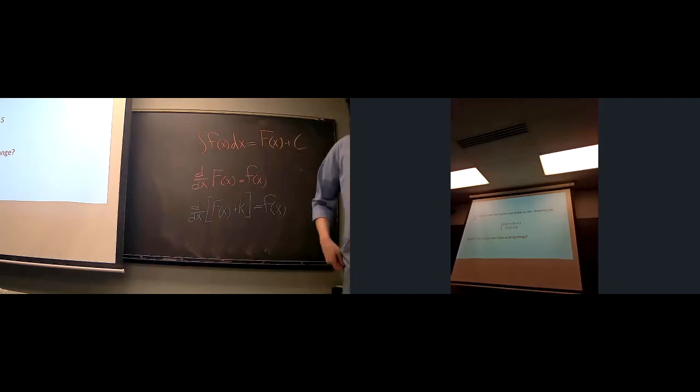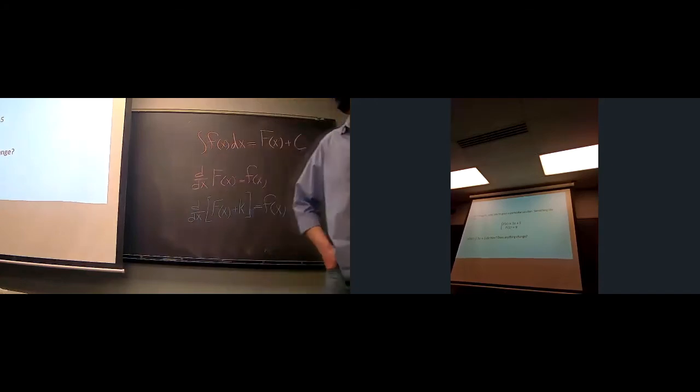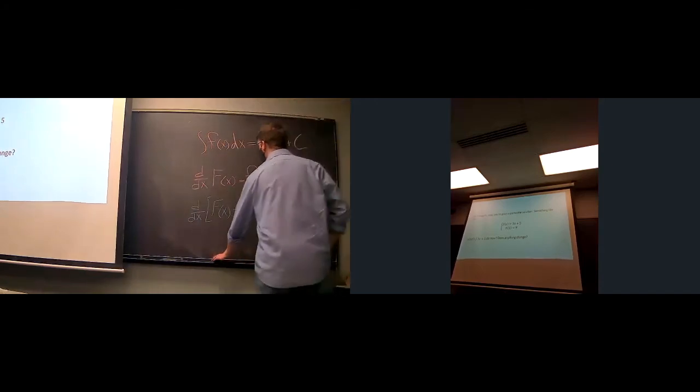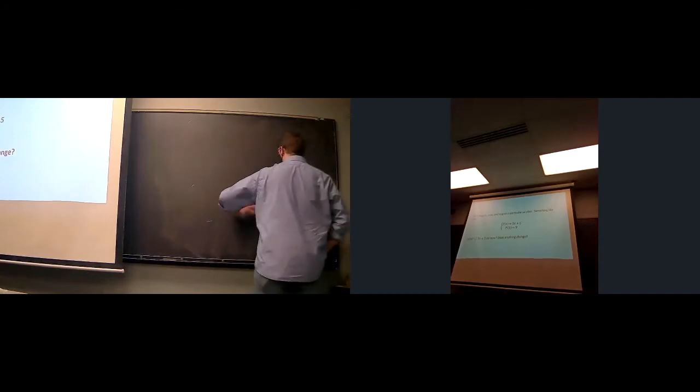Because this c tells you a lot about location, and it lets you solve for particular solutions. So here, this problem is asking you to solve a particular derivative with a particular solution.